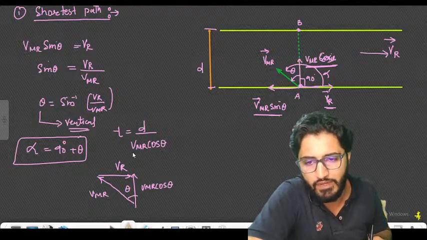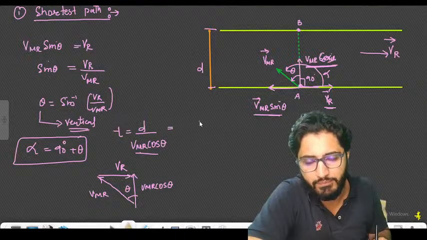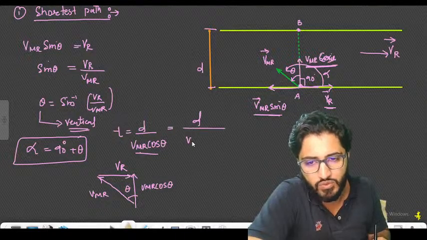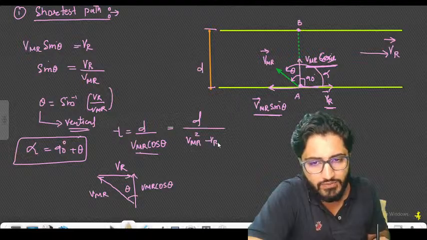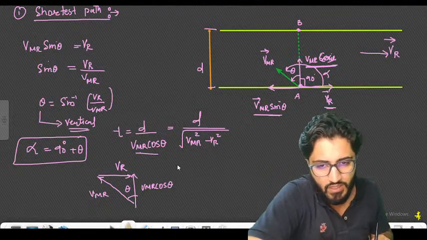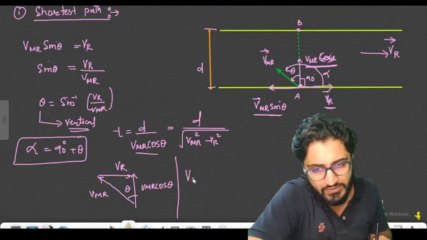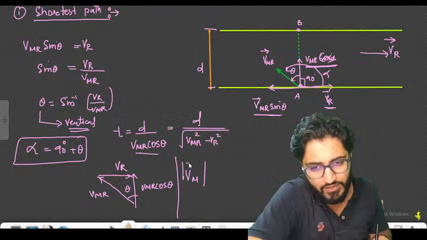So what will be VMR cos theta? By Pythagoras theorem, it equals the square root of VMR square minus VR square. A person can see the person is going along VMR cos theta.